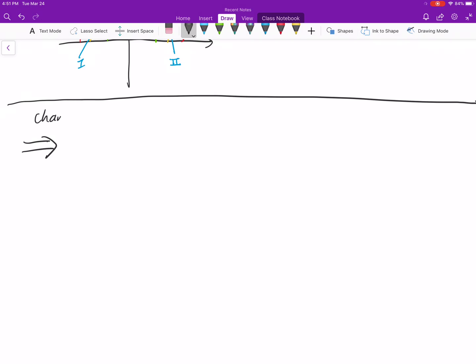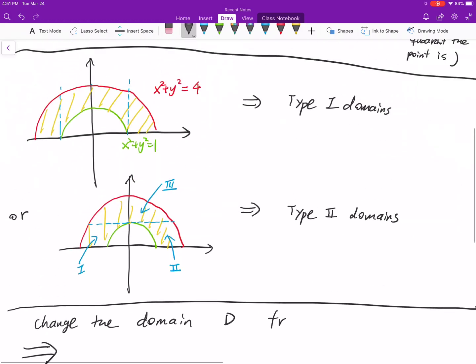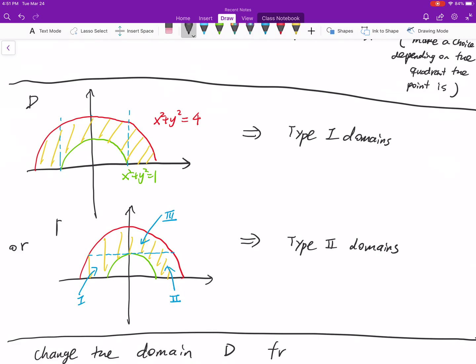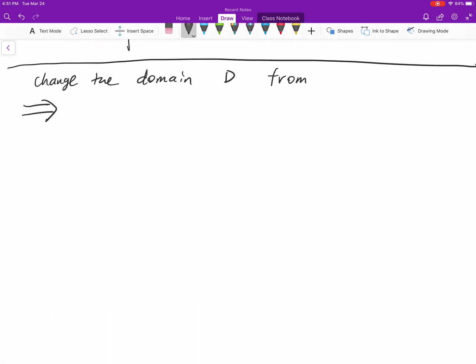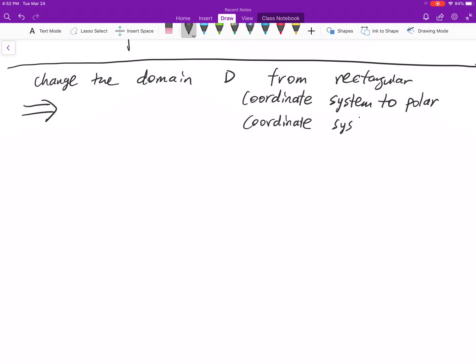If we change the domain, let's call this D, from the rectangular coordinate system to the polar coordinate system, then what do you have?